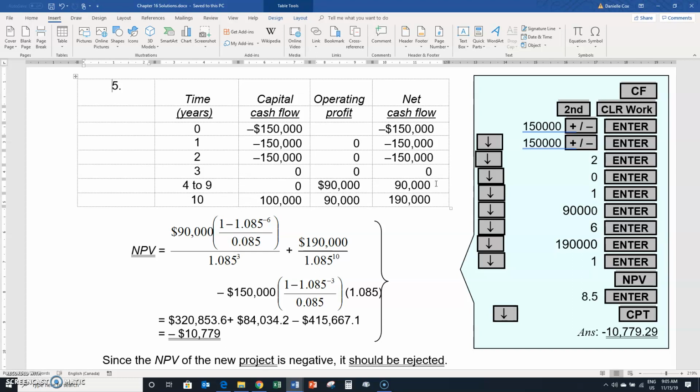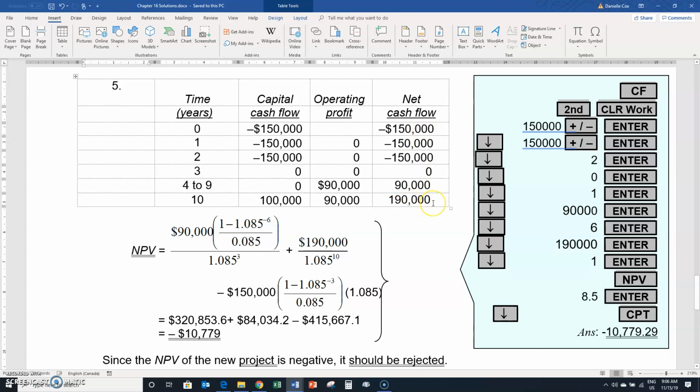And that's 6. So 6, enter, down. And then the last one, we had 100,000 from the initial investment being returned. We had 90,000 for profit. So we have 190,000. So again, you enter 190. And again, that's a cash inflow, so it's positive. So hit enter. And down. And that only happened for 1 year.